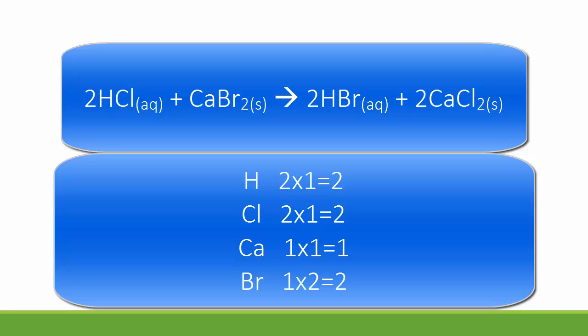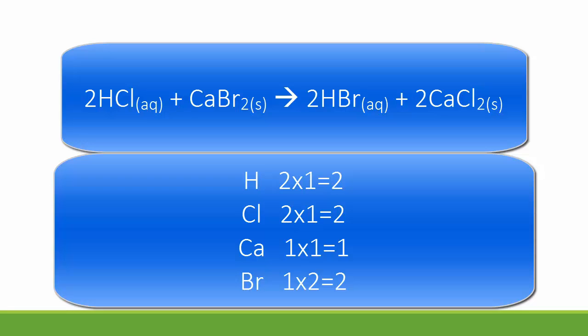I have 2 sets of, how many? 2 sets of 1, which equals 2. We look for chlorines. Chlorines occur here, and that's it, right there. Chlorine, I have 2 sets of, how many? 2 sets of 1, which equals 2.